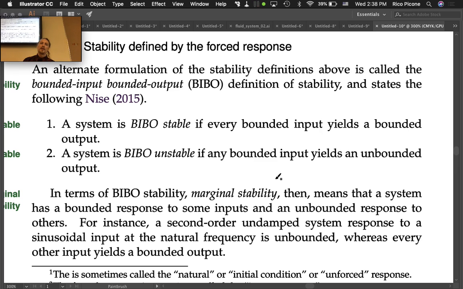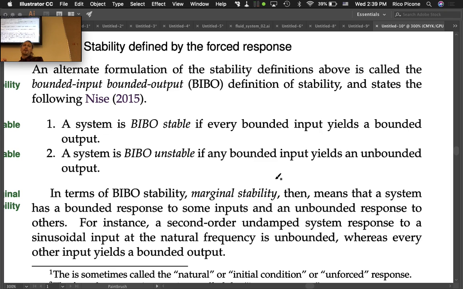In terms of BIBO stability, marginal stability means that a system has a bounded response to some inputs and an unbounded response to others, which is technically unstable in terms of BIBO, but you can say it's marginally stable. It's not a rigorous definition; it is still included in the unstable definition, because if any input yields an unbounded output, it's BIBO unstable.